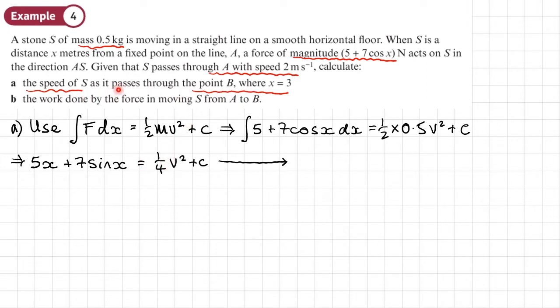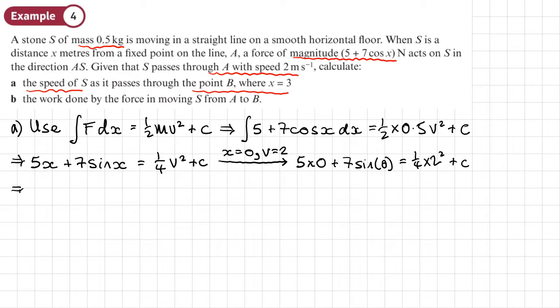We want to find what c is. Now if we look at the question, it says that we're measuring the distance x from this fixed point A. So A is like our origin, and we're told that when it's at this origin point A, the speed is 2. So when x is 0, when there's no displacement from the point we're measuring from, v is equal to 2. So we'll substitute those in. So that will give us 5 times by 0 plus 7 sine 0 is equal to a quarter times by 2 squared plus c.